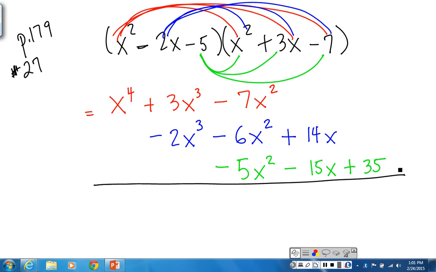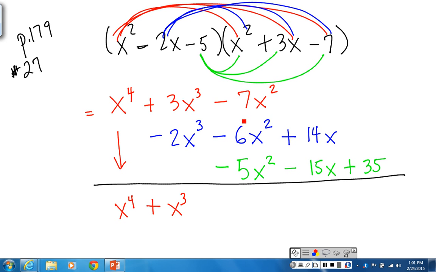So we get to add these together, and because we stacked it, it makes it easier on us to find out what the final answer is. So I'm going to go ahead and drop the x to the 4. 3x cubed minus 2x cubed would be a positive 1x cubed.